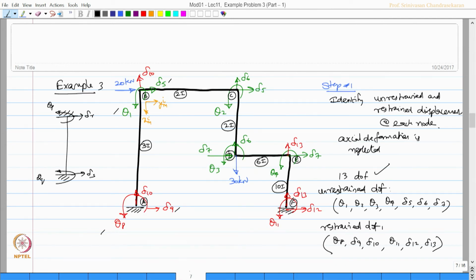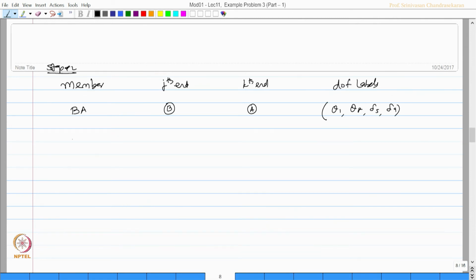Similarly, let us do for the member BC. So, the BC will get aligned this way, this is xm and this is going to be my ym, right. So, jth end is at B and kth end is at C. So, for the member BC, jth end is at B and this is at C. Let us see what are the labels.